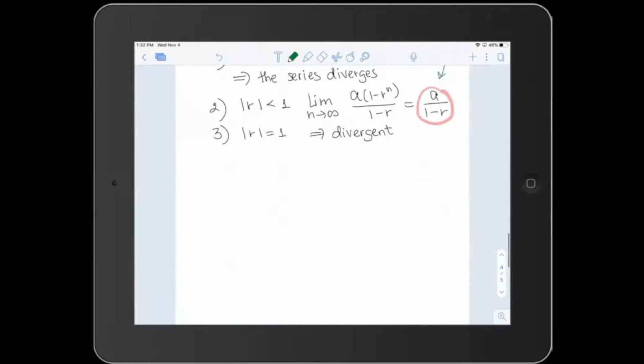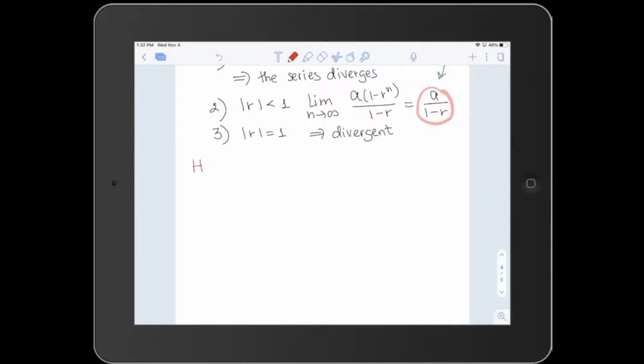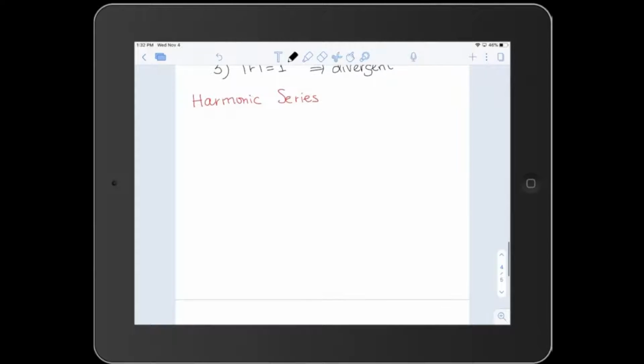Another special type of series that we should be aware of is harmonic. Harmonic series is one of those that we usually introduce students with. Very simple. It's 1 over n, and n starts with 1 and goes to infinity.